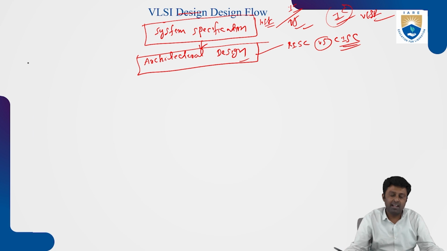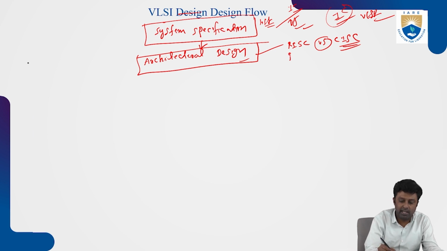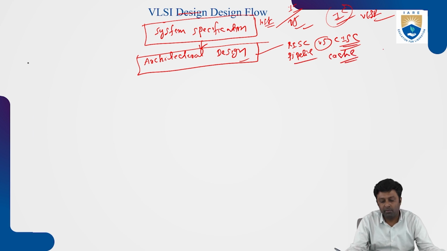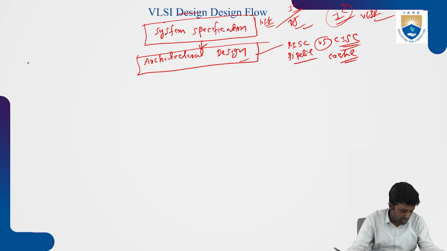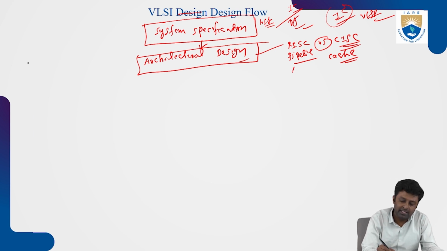Here we'll also talk about the pipeline structure and the size of the cache memory, whether we are using a multiprocessor, and whether we are using a single ALU or multiple ALUs.